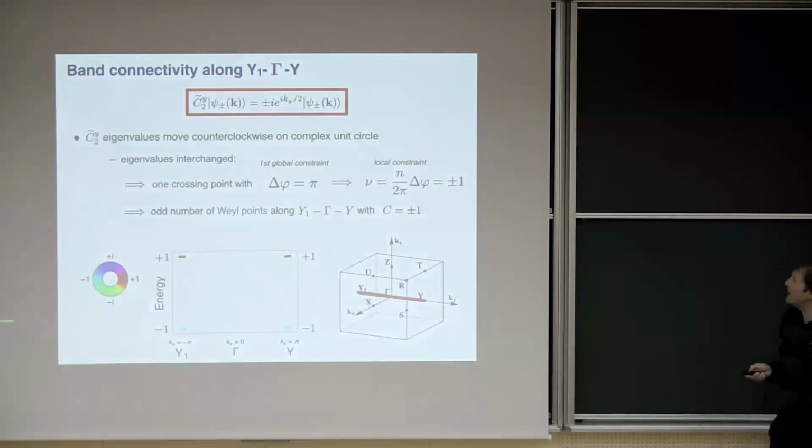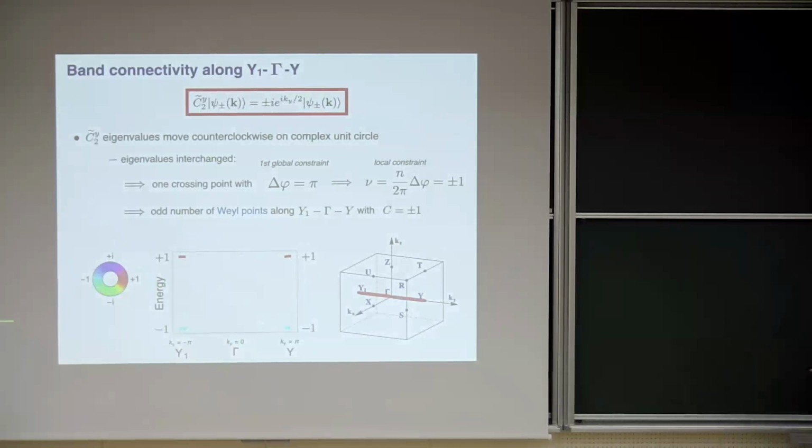Okay, and now we can see that this type of structure will necessarily lead to a crossing in the Brillouin zone, and this is a manifestation of the first global constraint. So basically, if we think about the two-band system, where we have these eigenvalues plus or minus 1 on one side of the Brillouin zone, then as we go to the other side of the Brillouin zone, we must end up with the same states because the bands are periodic.